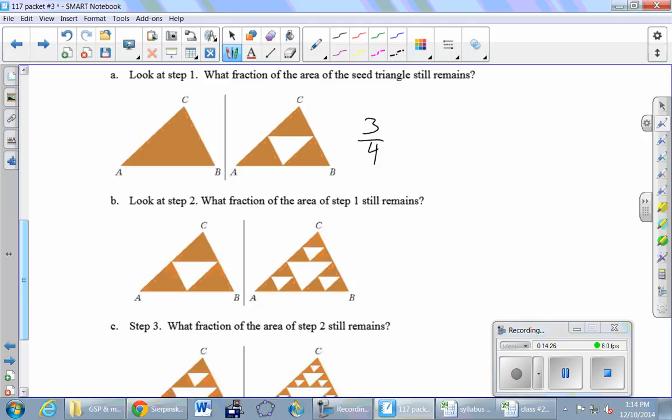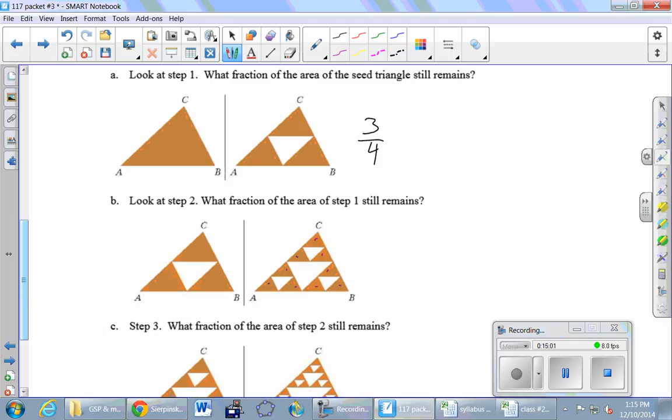Then looking at step 2 compared to step 1, what fraction of the area is there? 9/12, which reduces to 3/4. Do you see it's still 3/4? Zeke actually counted it out for us. He said there's 1, 2, 3, 4, 5, 6, 7, 8, 9 that we still have out of a total of 12, counting the 3 smaller white spaces. So we still have 9/12 of what we had, which is exactly 3/4.